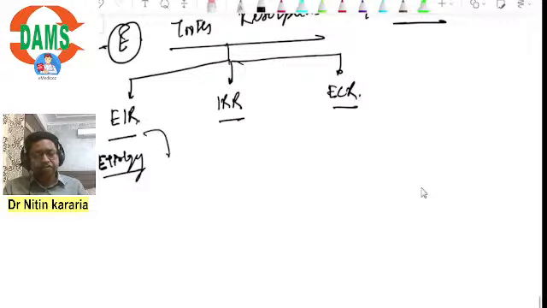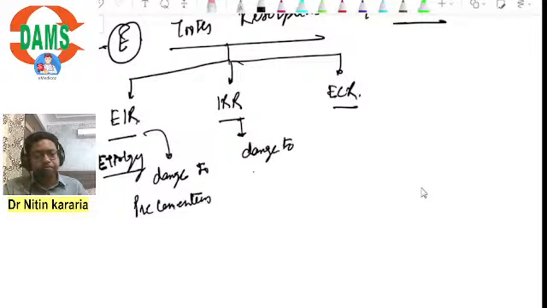in external inflammatory resorption there is damage to pre-cementum. In internal root resorption there is damage to predentine. They are the prerequisites.